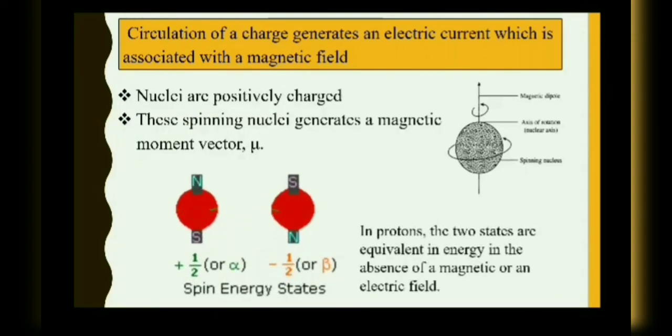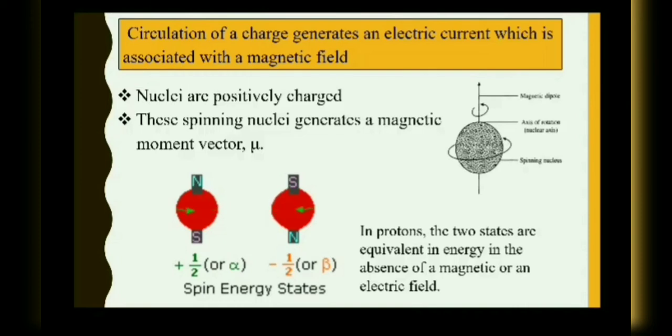In protons, the two states are equivalent in energy in the absence of a magnetic or an electric field. The protons are also rotating around the nuclear axis, and these two states are equivalent in energy.